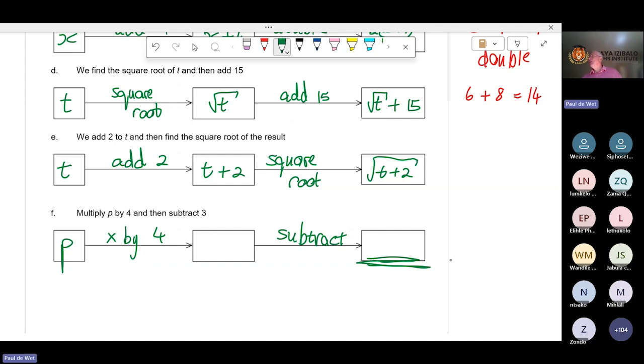It will be 4P. Yeah, well done, 4P minus 3, guys. This here will be 4P. This will be 4P minus 3. No brackets, just 4P minus 3.